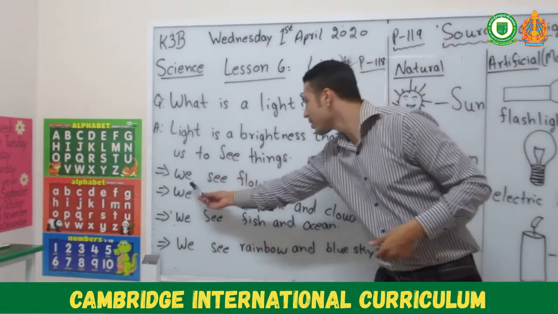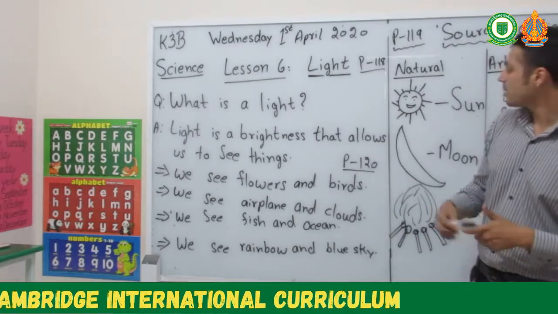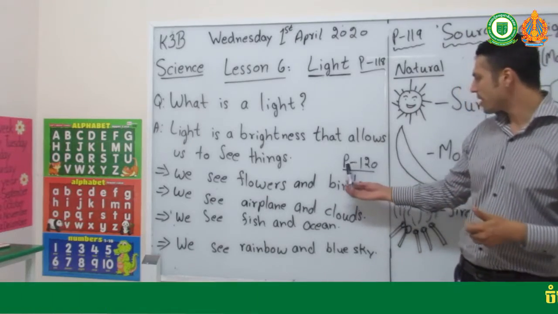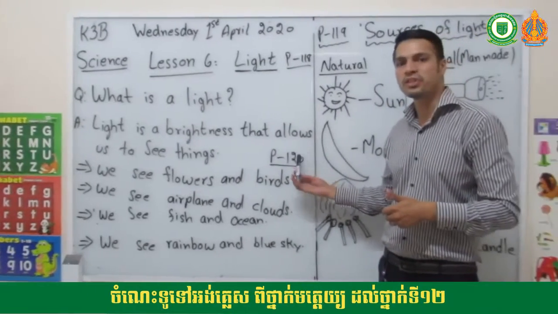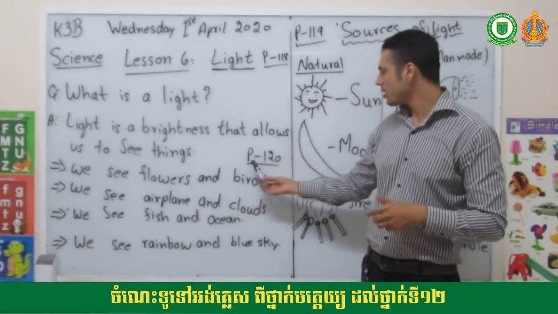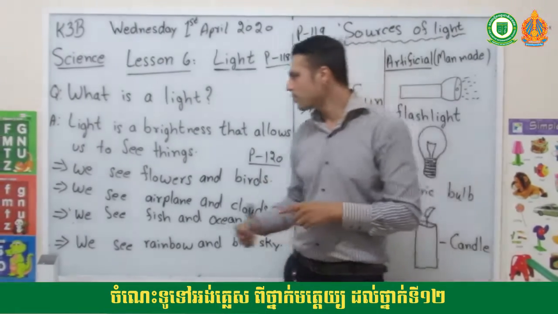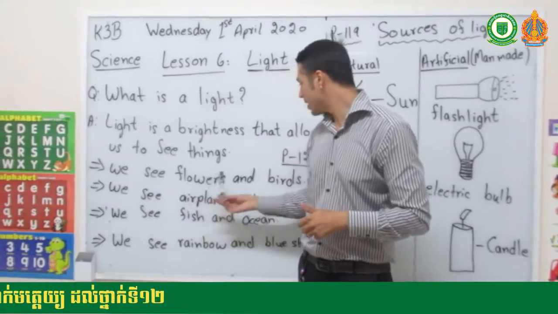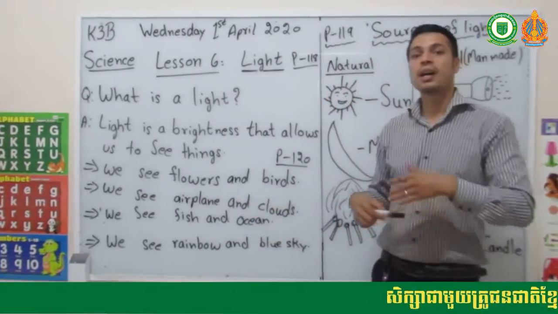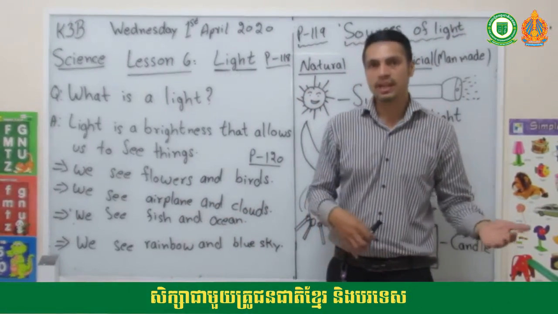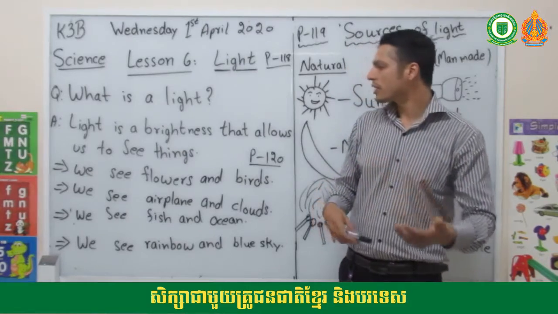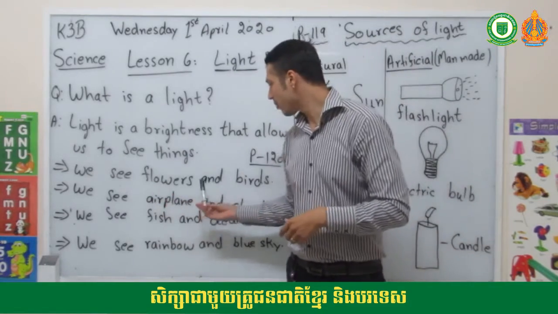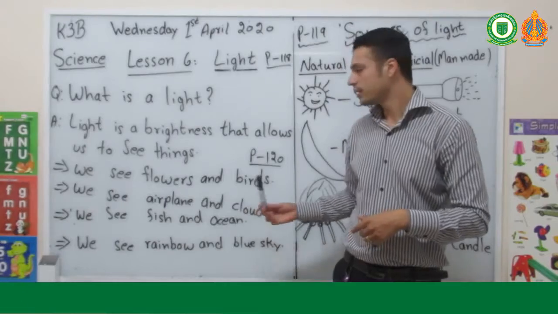For this I would like you to go to page number 120. Open your books, go to page 120. You can see we see flowers and birds. With the help of light we see flowers and birds.